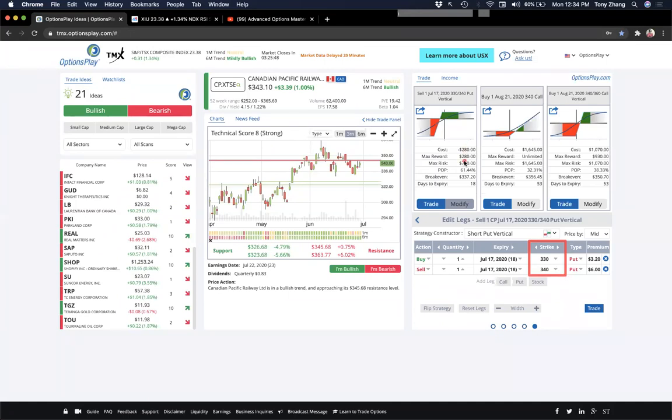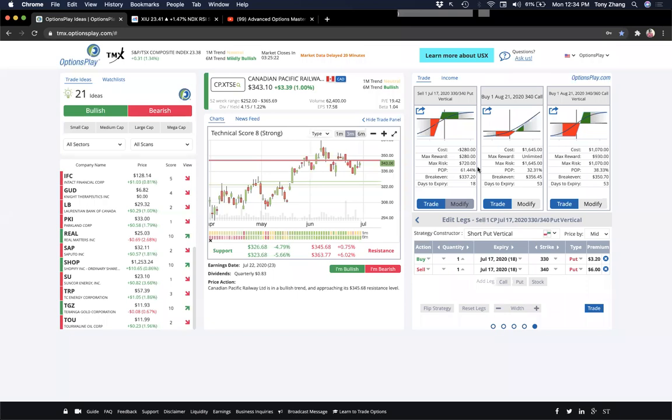Here, I'm only collecting $2.80, which is not quite enough reward for the risk that I'm taking. Because whenever you're selling a credit spread, whatever you collect in terms of your potential reward, the rest of it is your risk. So the less you collect in income, the more you're risking. So the risk to reward on this trade is all skewed against me. I'm risking almost 3-to-1 here. That's not the type of risk to reward ratio that I'm seeking.